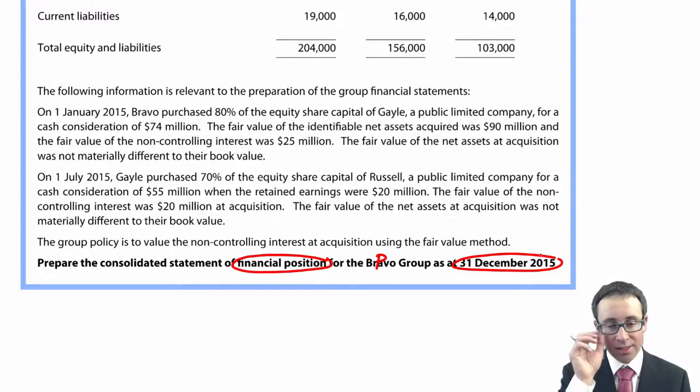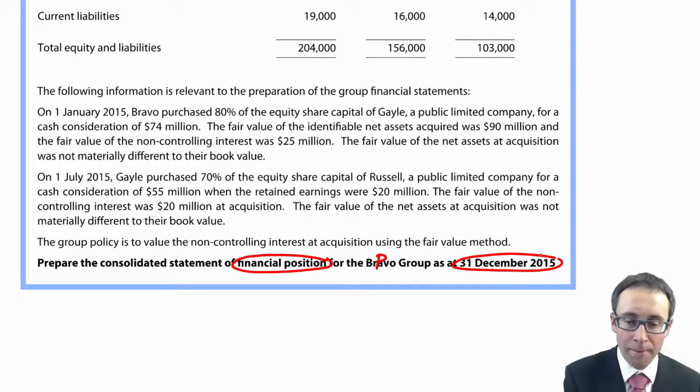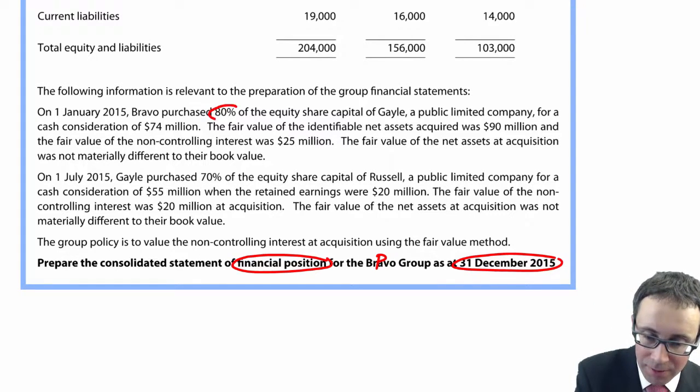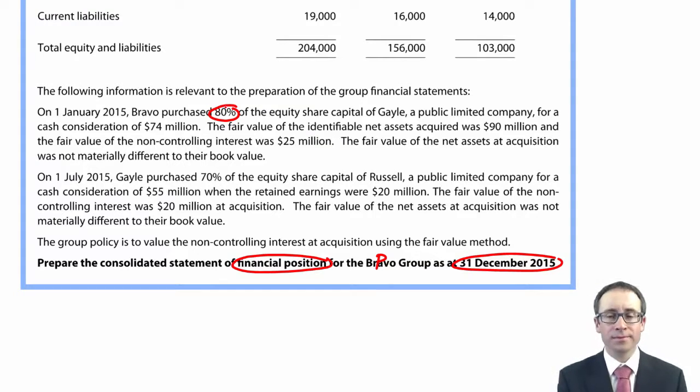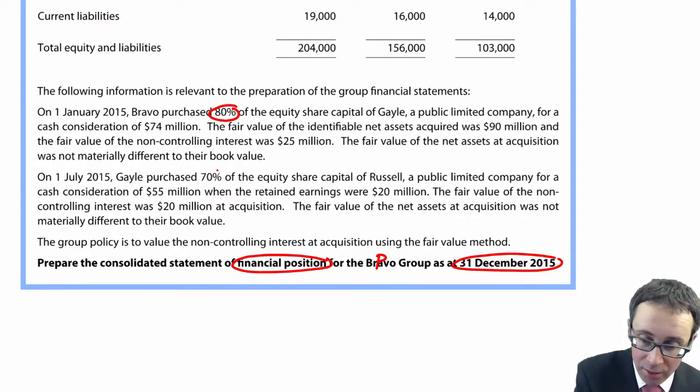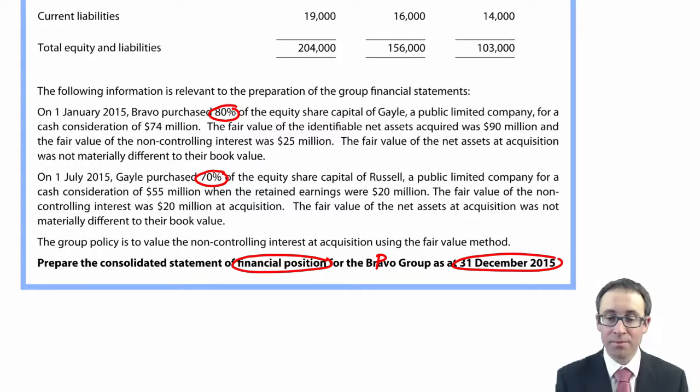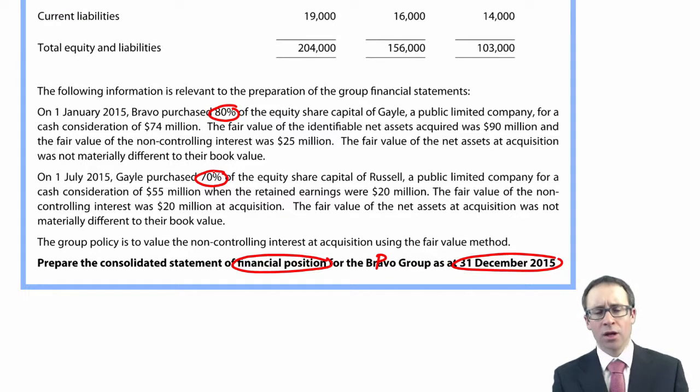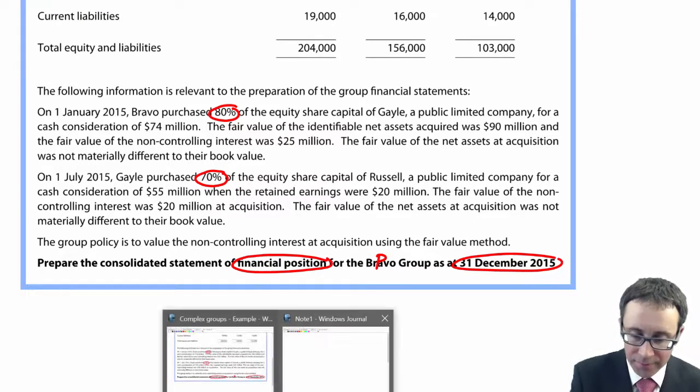So it says on the 1st of January 2015, Bravo purchased 80% of Gale. Okay. And then in the next paragraph, it says on the 1st of July, so halfway through the year, Gale purchased 70% of Russell.